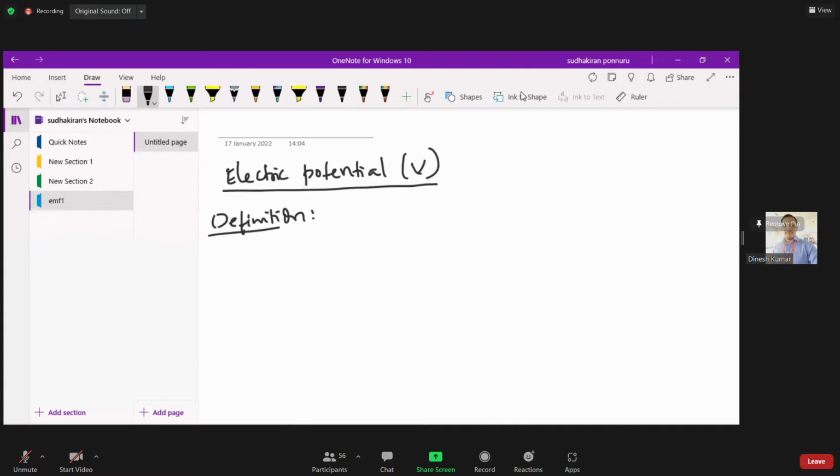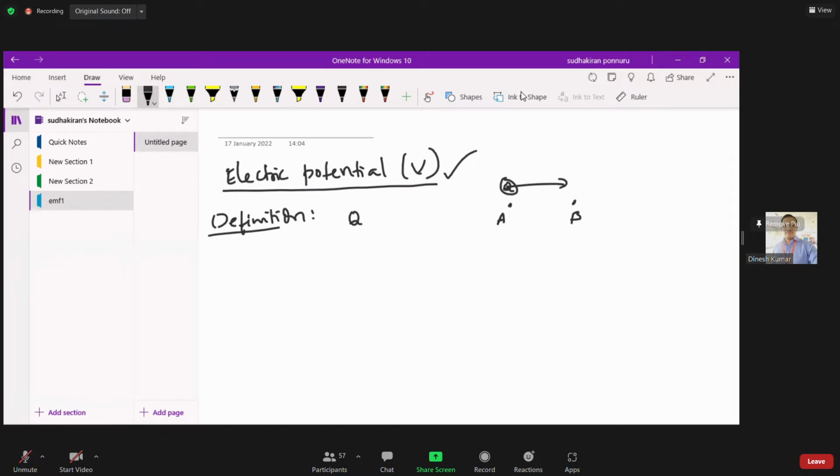With the help of this definition, we are going to derive the basic equation for electric potential, which is given by capital V. The generalized definition is: if you have a single point charge Q, and you are moving this point charge from one point, let this be point A, to another point, point B, and you are doing some work to move this point charge from A to B, then we are going to call this what?